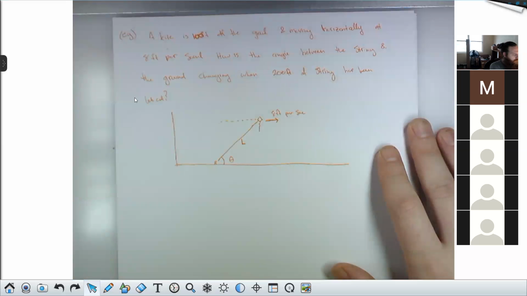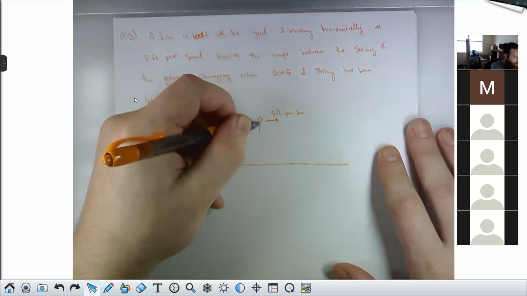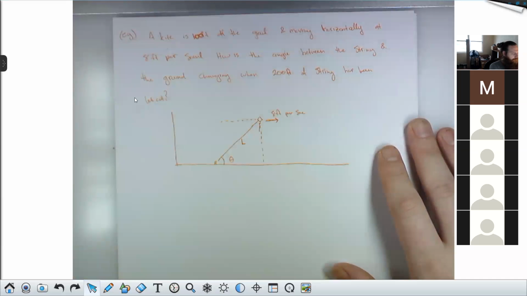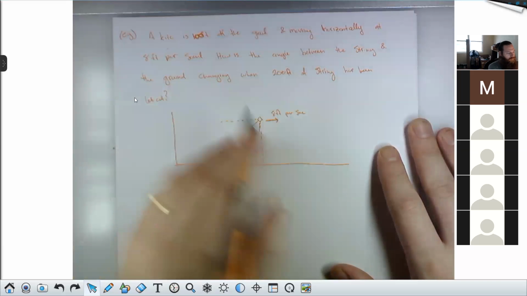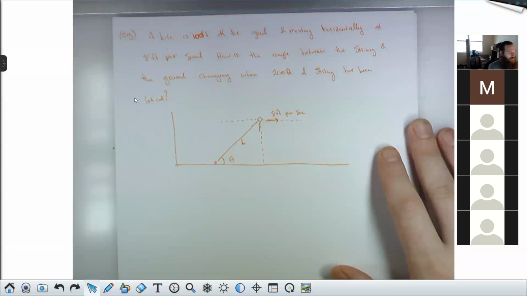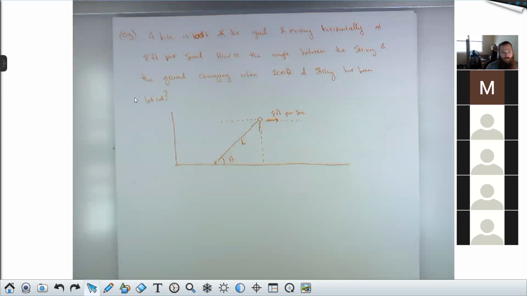We can do it like that. Actually, since I've already drawn it like this, let's do it like this. So you can imagine this kite moving horizontally, right? And we're letting more and more string out to let this kite continue to move.